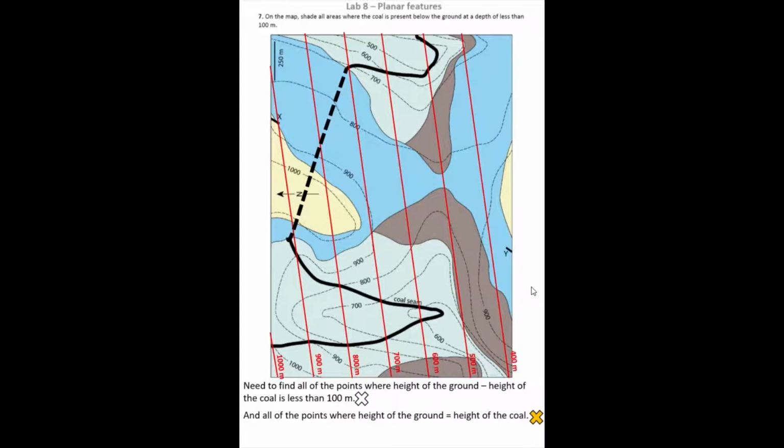Okay, so what we need to do is find all of the points where the height of the ground, or the difference between the height of the ground and the height of the coal seam, is less than 100 meters. So all of those points where the height of the ground is 100 meters or less than the height of the coal.